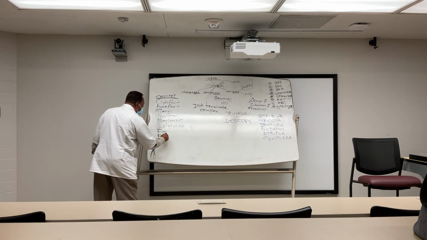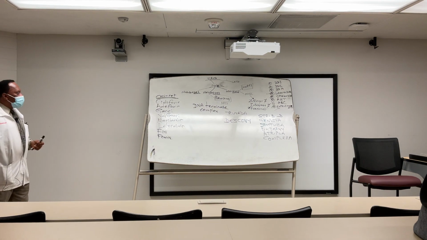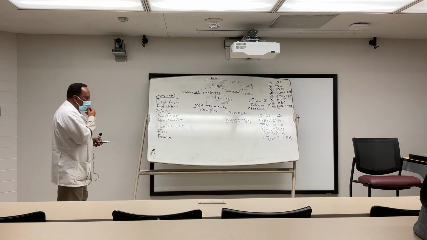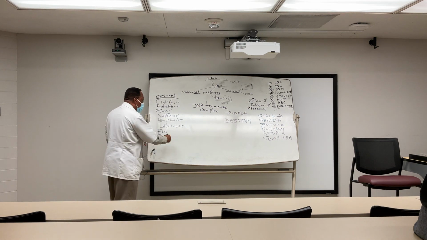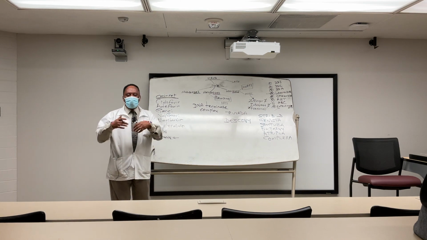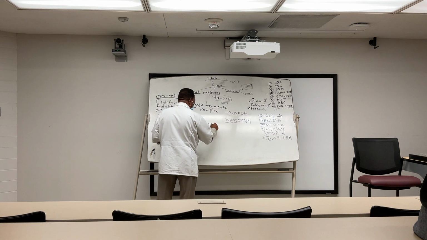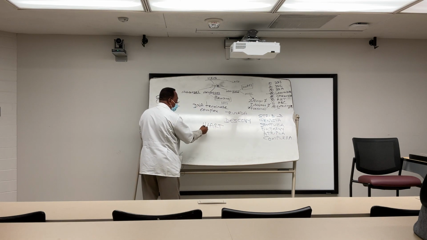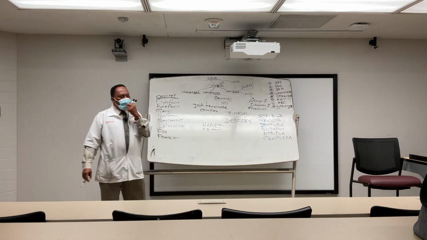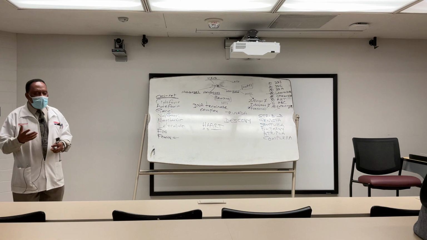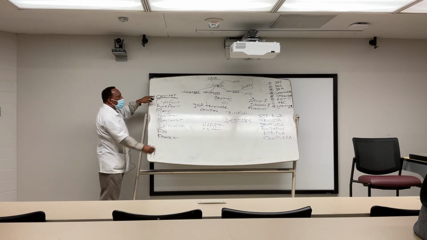Fomivirsen, which we talked about, your antisense oligonucleotide, is also used for CMV retinitis. Its use has actually plummeted because it was found that your HAART regimen, that is highly active antiretroviral therapy, is often very helpful also in managing CMV.